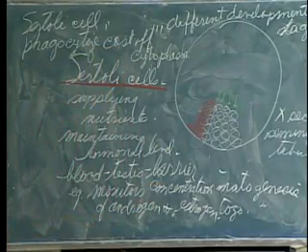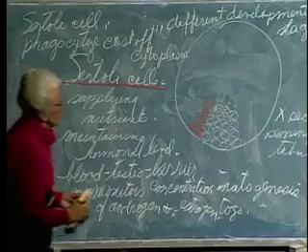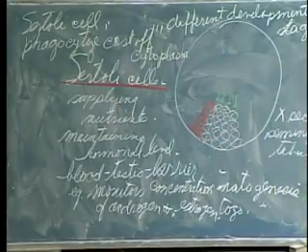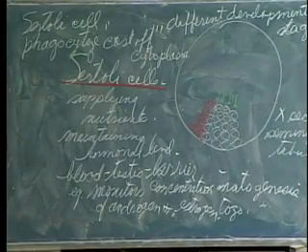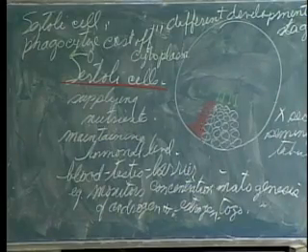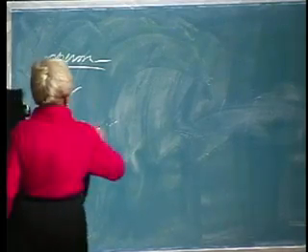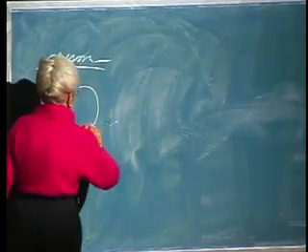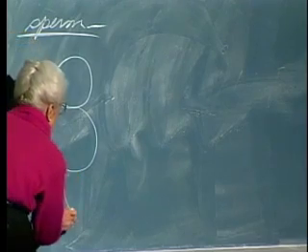So now we have a sperm. What are the basic structures in the sperm? Fairly clear-cut. We have a head, a body, and a tail.